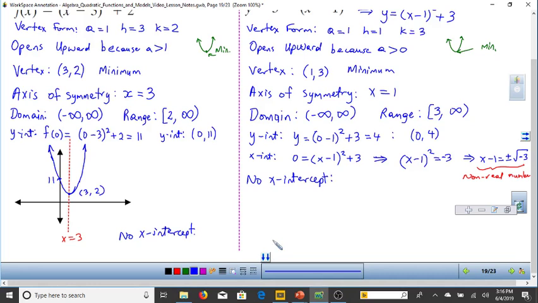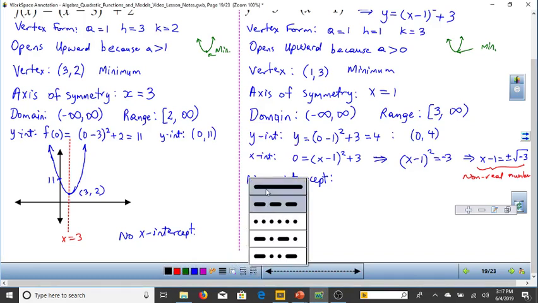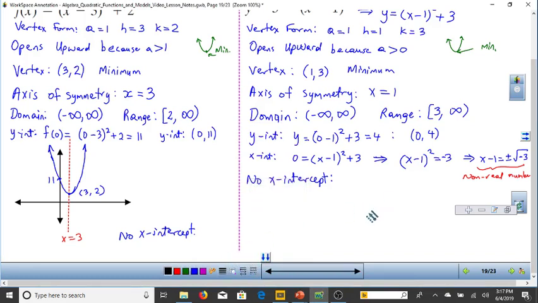So our graph is going to look pretty similar to what we just did. So that's just confirmation for the process here. I'm going to draw my axes, and I'll draw my parabola. My axis of symmetry.